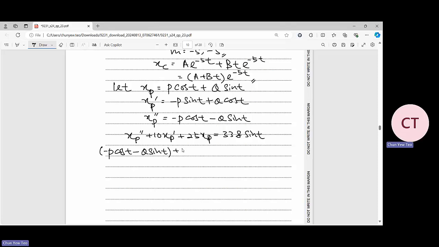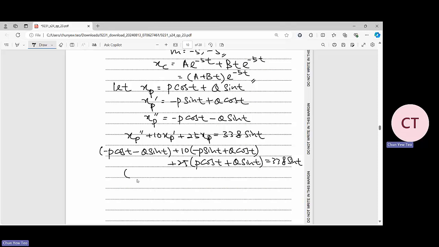Okay, so we need to put everything in carefully. So it's plus 10 of negative P sin t plus Q cos t, plus 25 of P cos t plus Q sin t, is equal to 338 sin t. Group them together.